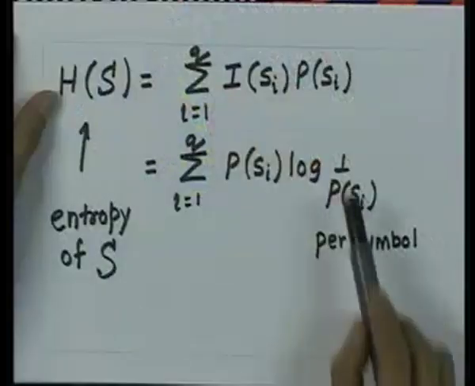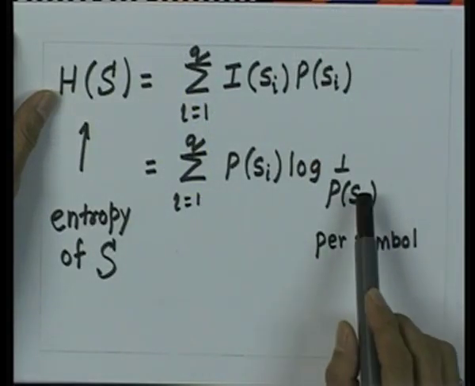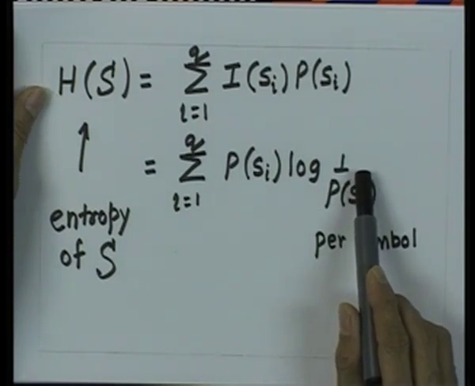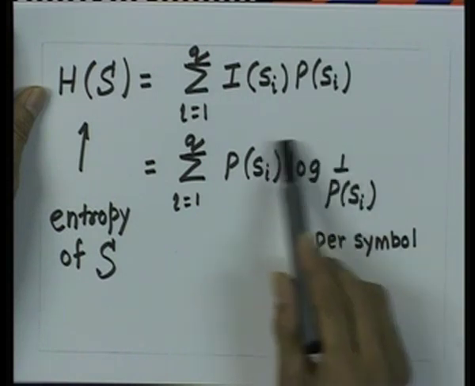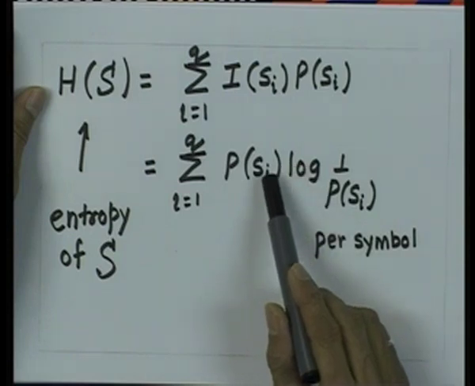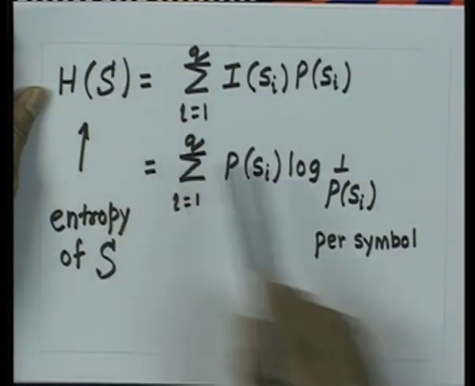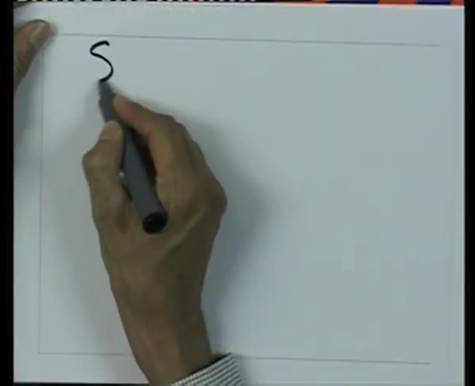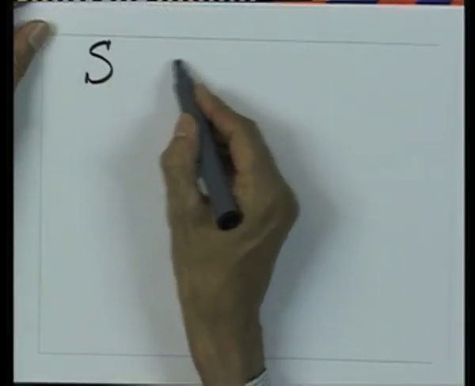We have seen that the entropy of the source is given by this expression. Let us try to find out the maximum value, if it exists, and for what probability distribution of Si I will get the maximum value for HS. This we will try to do for a zero memory source. So, if I have a zero memory source S, it is identified by a source alphabet.